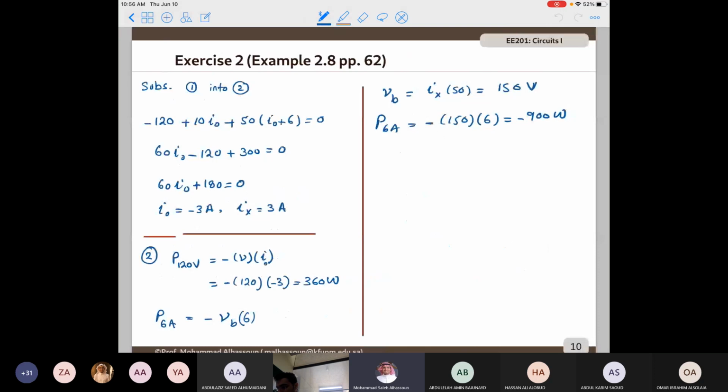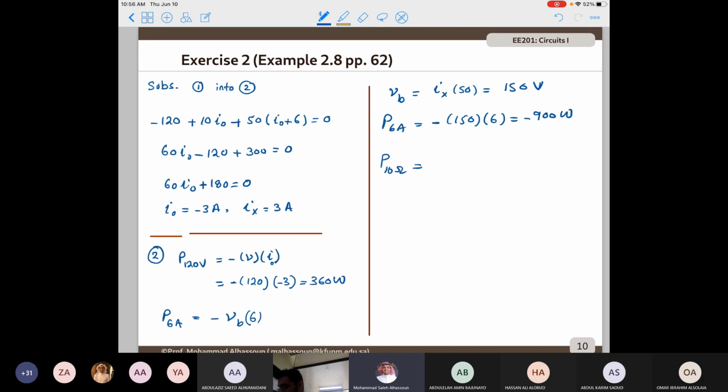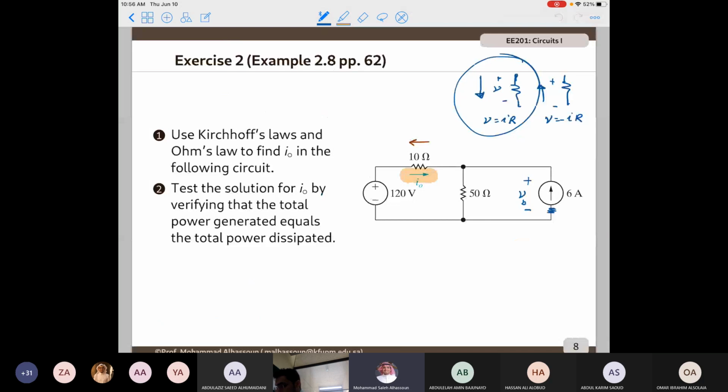So now we are left with the resistors. We have two of them. We have the 10 ohm resistor, and the power here is what? Muhsin? Yes, doctor. Power for the 10 ohm resistor?